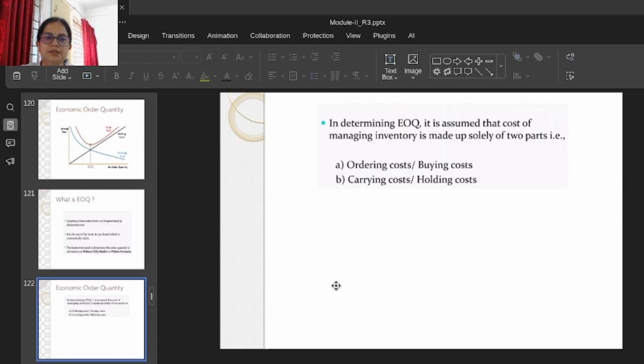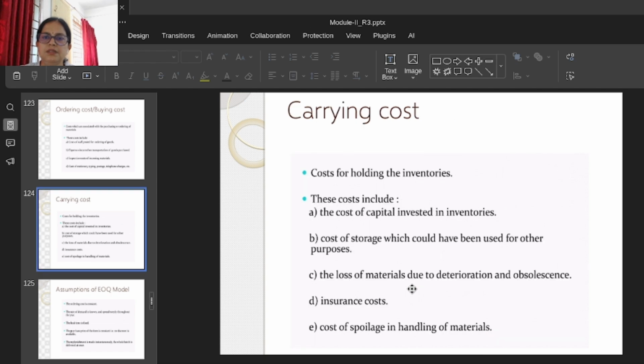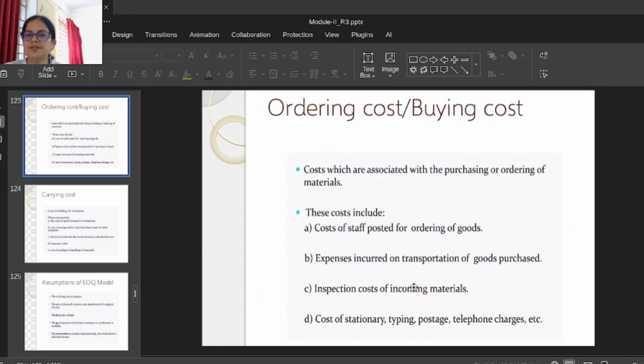So here, ordering costs are associated with the purchase or ordering of materials.